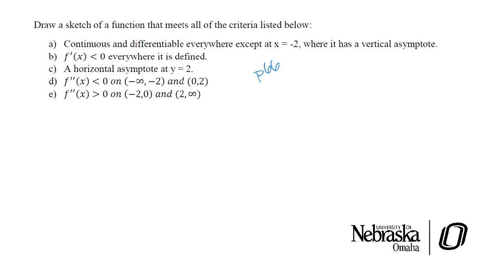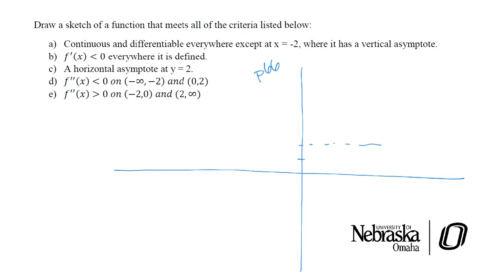Because I've done this before, I know all the values on the list are fairly small, so we don't need a huge scale, but we do have some asymptotes. We have a horizontal asymptote at y equals 2. We're going to graph those first. And it has a vertical asymptote at x equals negative 2.